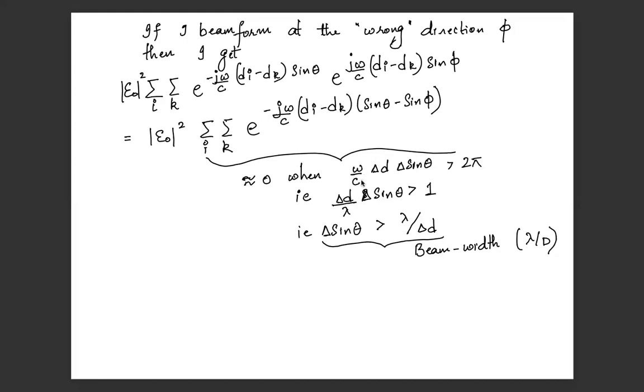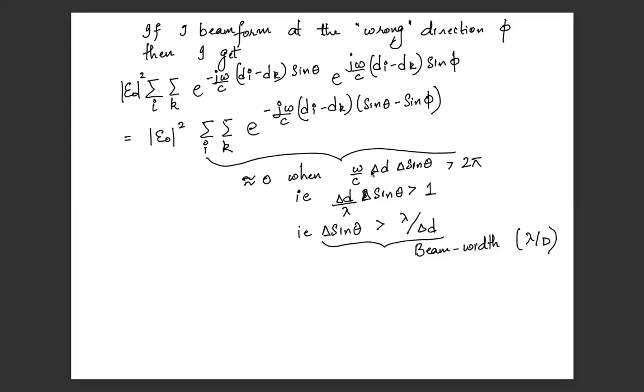Omega by c, where omega is the angular frequency and c is the speed of light, times the baselines, delta d, which encapsulates the baseline lengths, times a delta of sine theta. That's what we have here. Now, if that value roughly is greater than 2 pi, then all of this will average to 0.